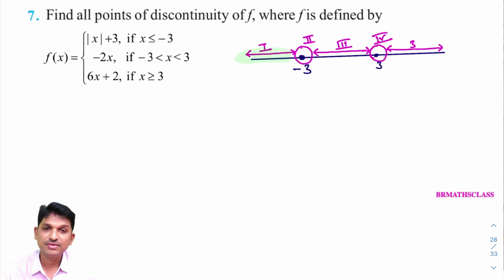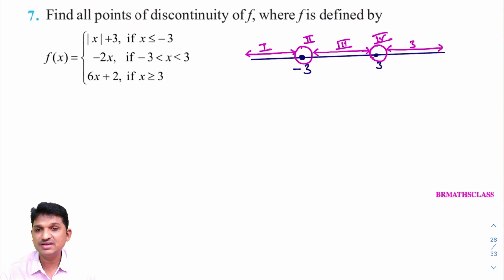Next, in case 2, I'll check this point, in case 3 this zone, in case 4 this point, and in case 5 this zone, whether the function is continuous or discontinuous.